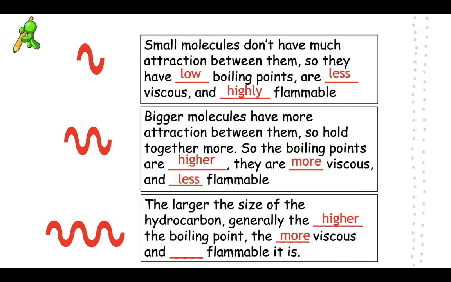It means they are more viscous, they're much thicker liquids, and they are less flammable. So small molecules, low boiling points, not very viscous, highly flammable. Larger molecules, so as they get bigger and bigger, in general, their boiling points increase, they become thicker liquids, and they are less flammable.